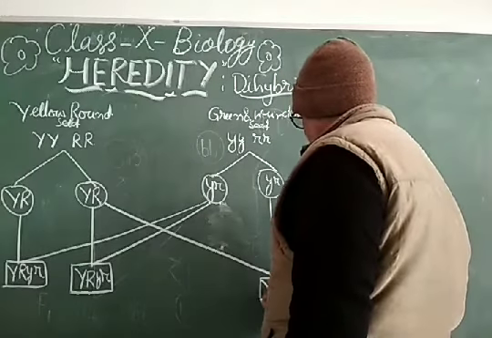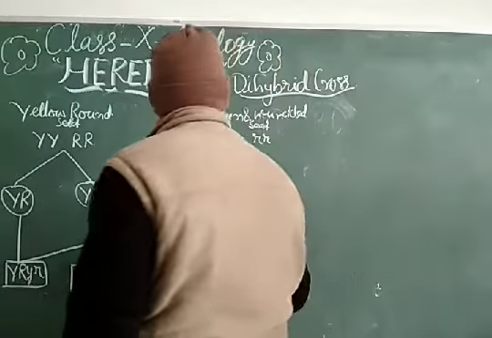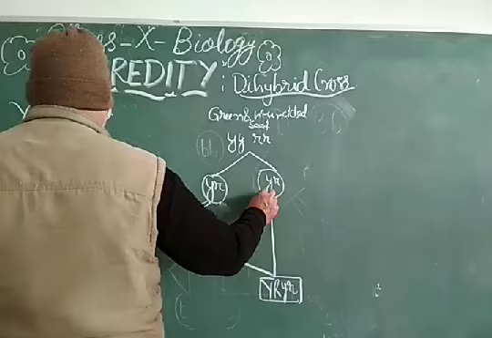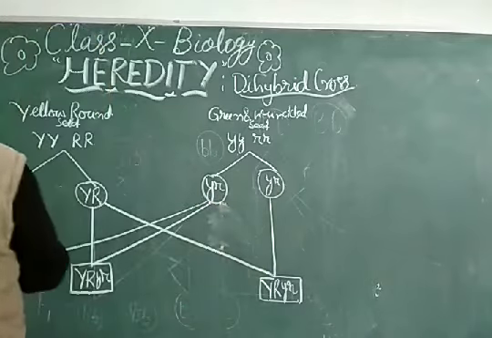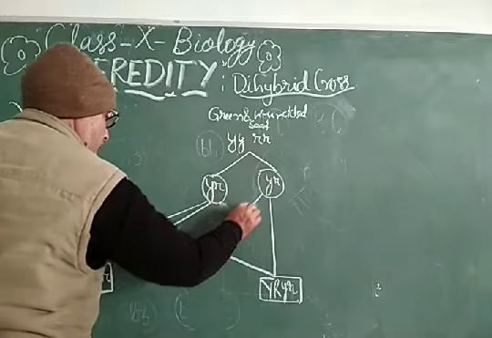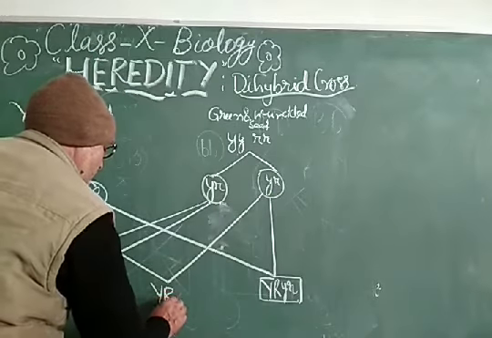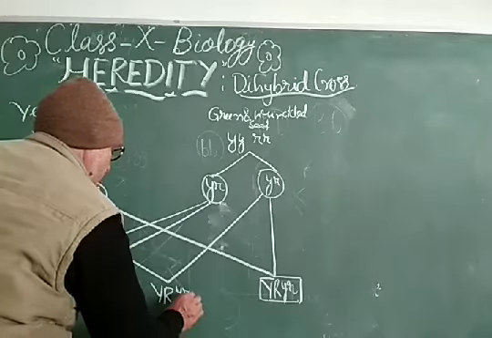YyRr. Both capital and small, and both characters are here in the F1 generation. Then see, if this is able to cross with this, then what happened? Capital Y, capital R, small y, small r.